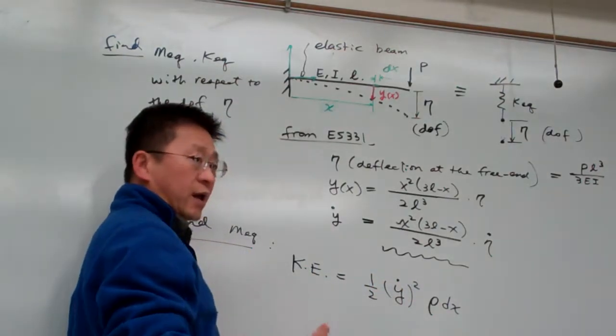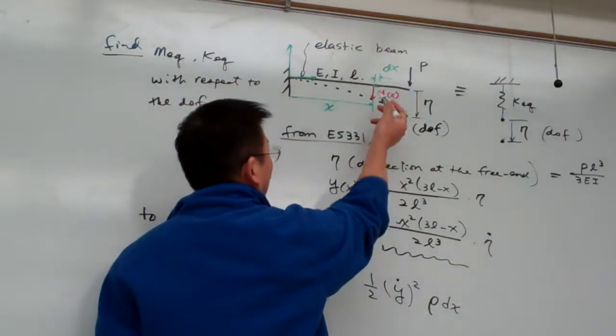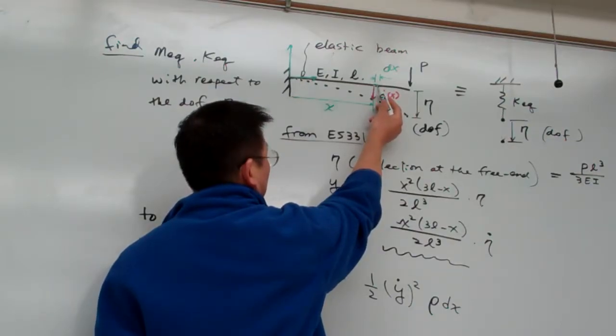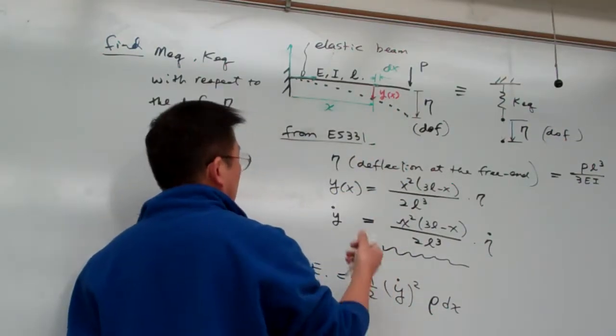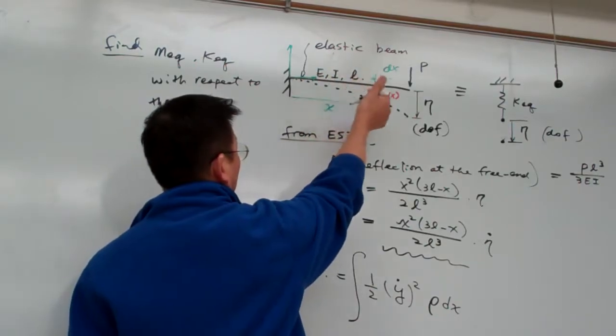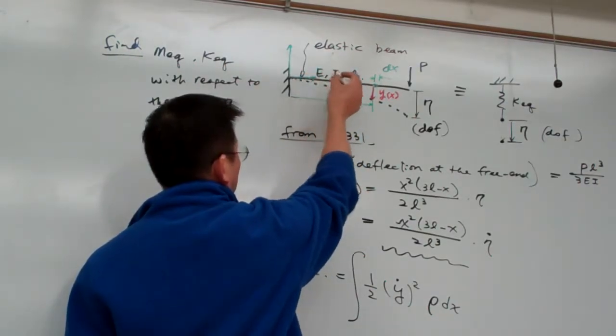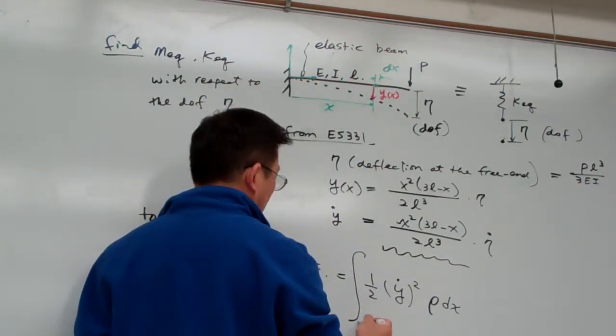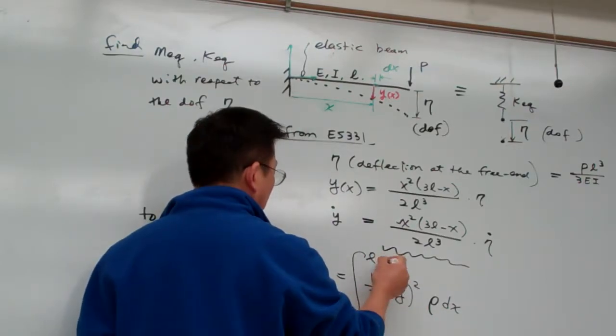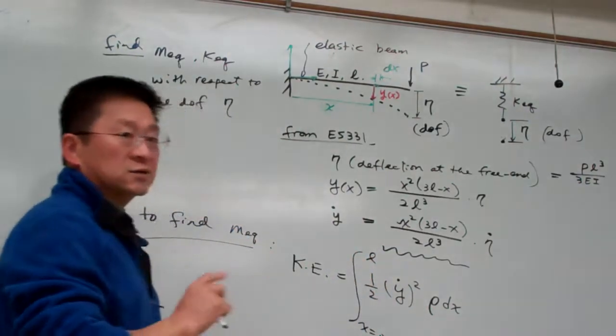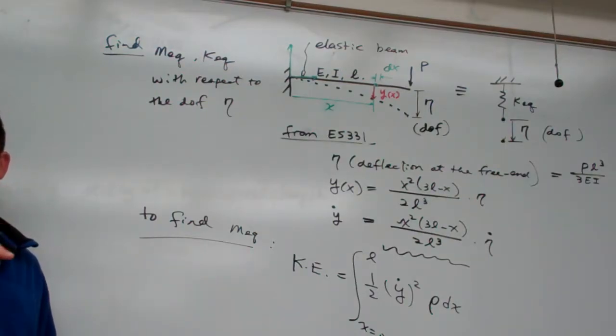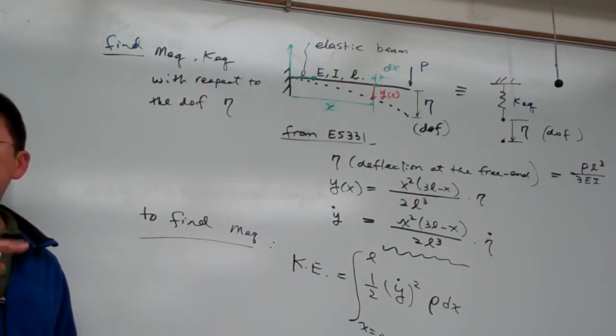That is the kinetic energy of this small element. We do the integration, which means we sum the energy from the individual elements, with x from 0 to L. This represents the entire kinetic energy of this flexible beam under vibration.